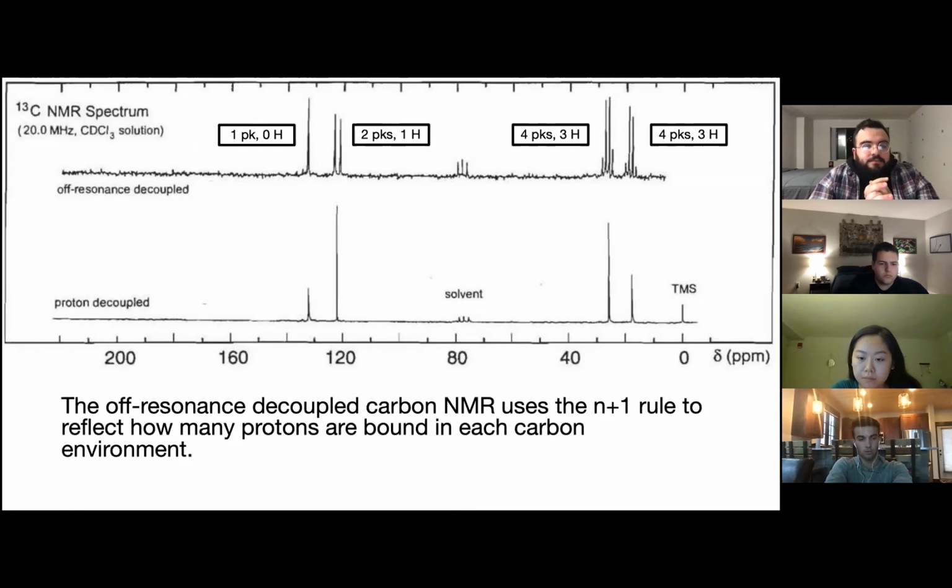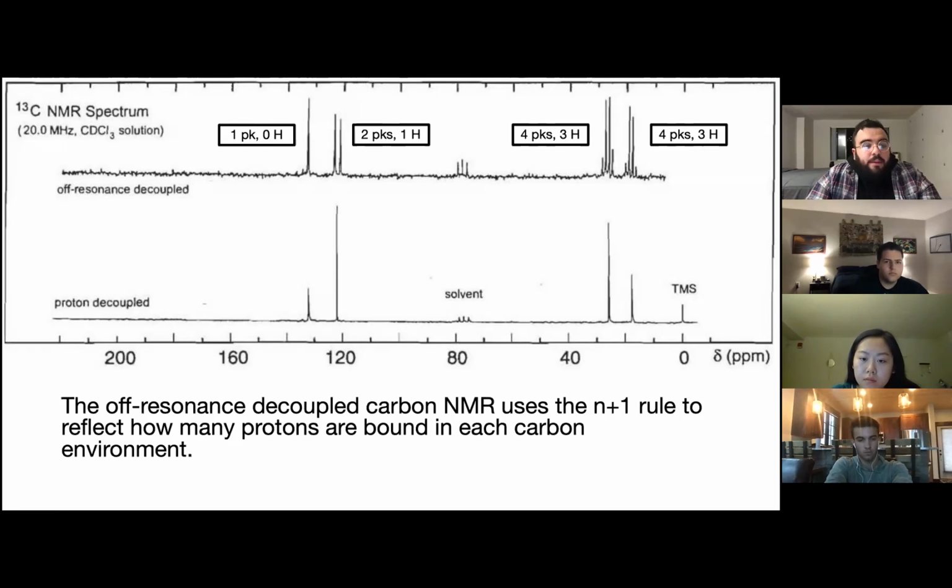Okay. So since it's 4 peaks, it's a CH3 that we're looking at. Yep, that's right. And why was it that it had 4 peaks then? Because it's just split by each of the protons that you have there, right? You can consider the distance between each peak to be one of the protons. Oh, that makes sense. Okay, cool. Yes, thank you.